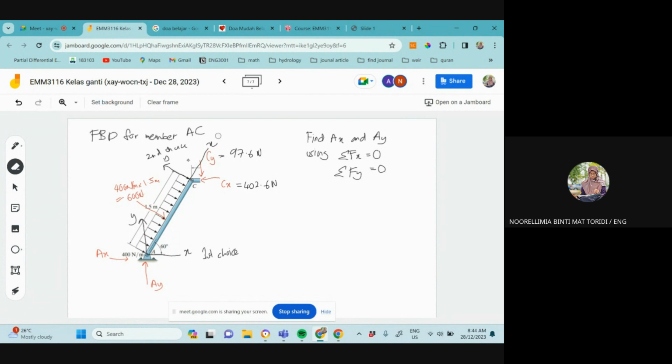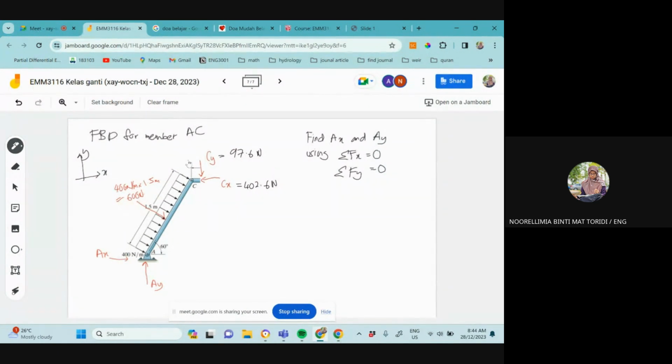Kalau macam ni we have to break 4 force into X and Y. Kalau we choose the normal axis, we only have to break one, which is 600 Newton je. So we choose normal XY axis.